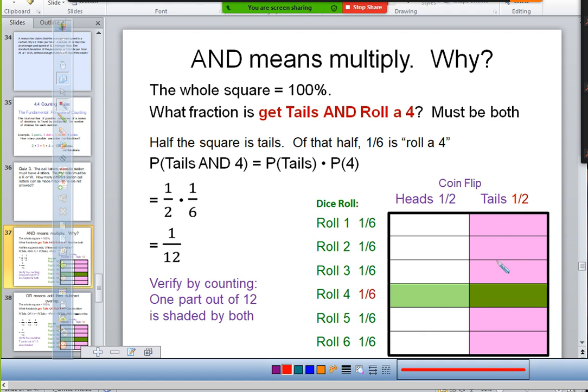So of my whole scheme of things, all the possible outcomes, half of them are tails, 1/6 of them are rolling a 4, but only one little patch, 1/12 of them, 1/6 of a half, are both a tail and a 4, because you have to pass both tests. So it's 1/6 of whatever the first thing was, and "and" means multiply, so we'd multiply and make them smaller and smaller.